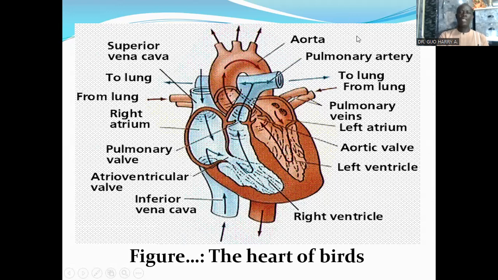After receiving oxygen, the blood returns to the heart and gets into the left atrium, is pumped to the left ventricle and then into the rest of the body through the aorta.